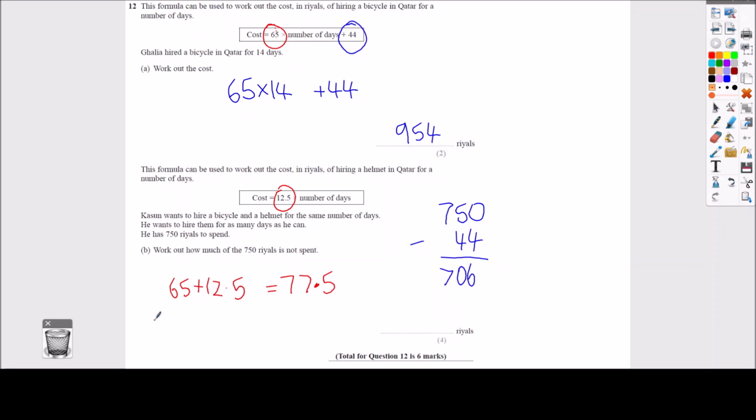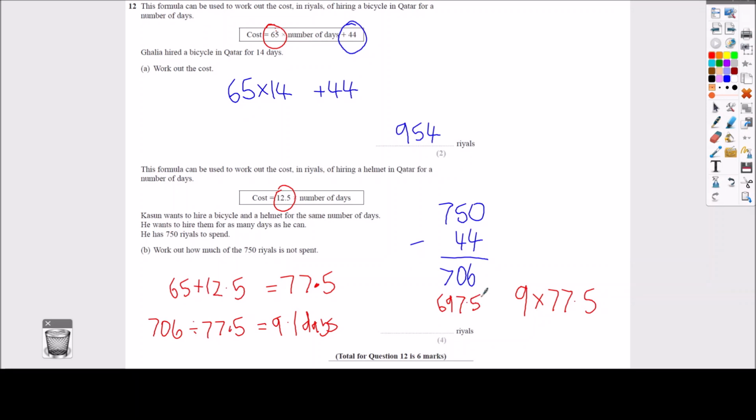It's going to be 706 divided by 77.5, which gives us 9.1 days. So obviously you can't hire it for part of a day, so we're actually going to hire it for 9 days. So it's going to be 9 lots of 77.5. So 9 times 77.5, that's going to use up 697.5.